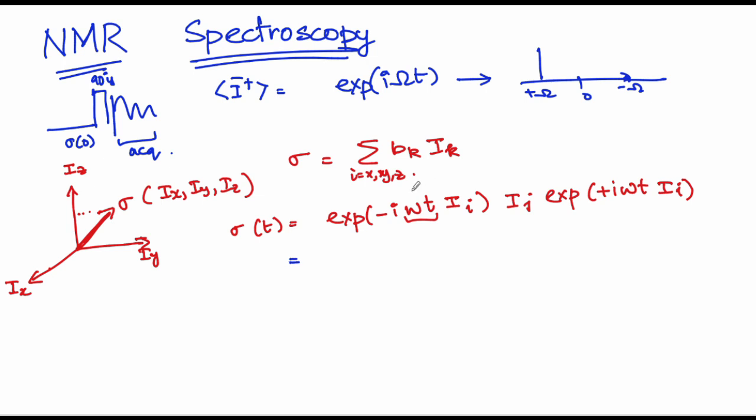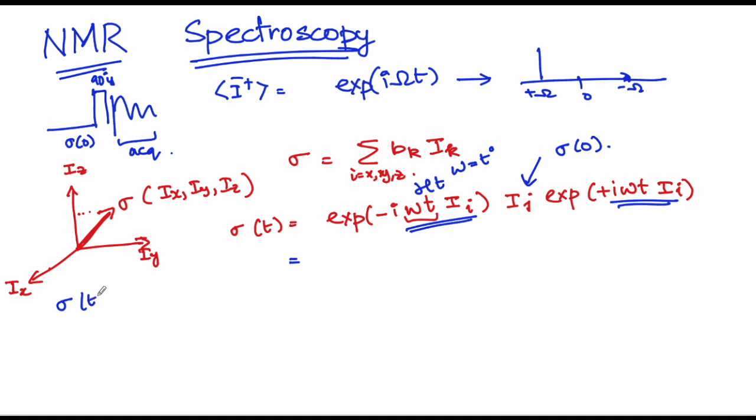So your Hamiltonian times t could be given by omega t times Ii, and that's what is written here, and this could be your initial density matrix. Of course, in this case, we are imagining that omega is time independent.